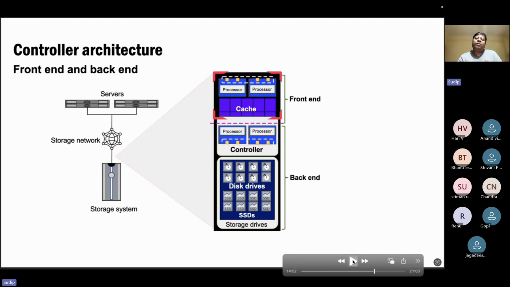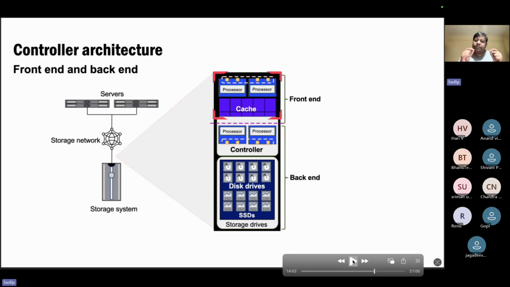In the context of data centers and storage systems, front end means the components which are getting connected to the external world. If you imagine the storage system to be one large computer, whatever data is stored in it is going to be connected to a network using either Ethernet cables or fiber optic cables.